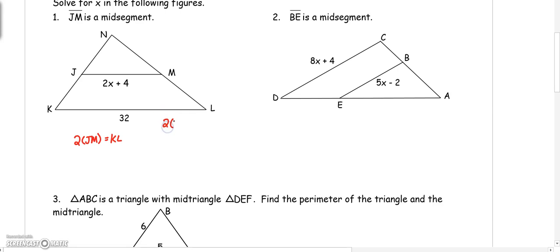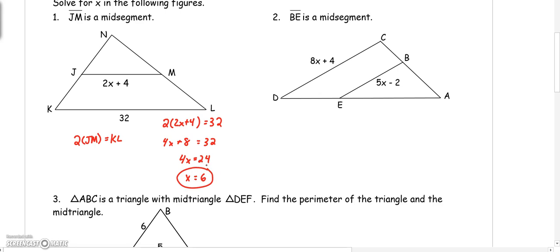So we're going to do 2 times 2x plus 4 is equal to 32. First I'm going to distribute: 4x plus 8 equals 32. Then to get x by itself, I'm going to subtract 8 on both sides, so 4x is equal to 24, and divide by 4, so x is equal to 6.